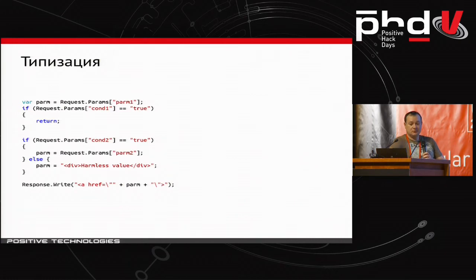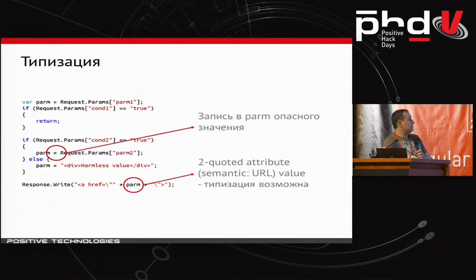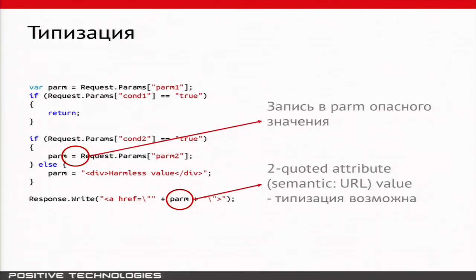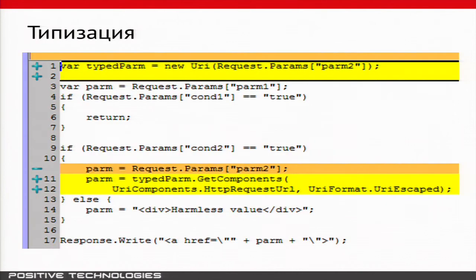It's easier to show you some examples of typifying without change of the source code. So the entry of a dangerous value occurs here, and then without any change it gets here. Then we use the algorithm I described, and we identify that this is a URL semantic quoted attribute value, and that means that typifying is possible.